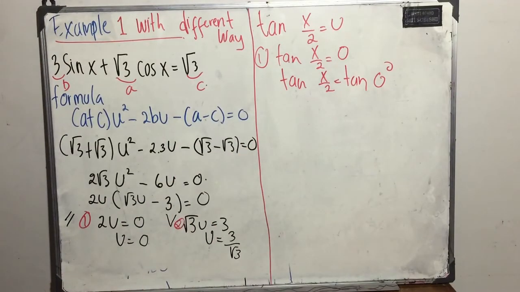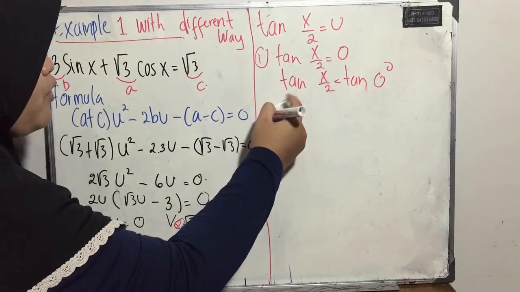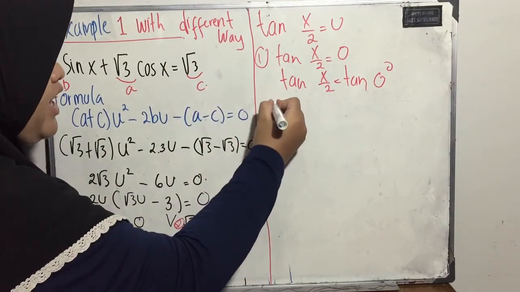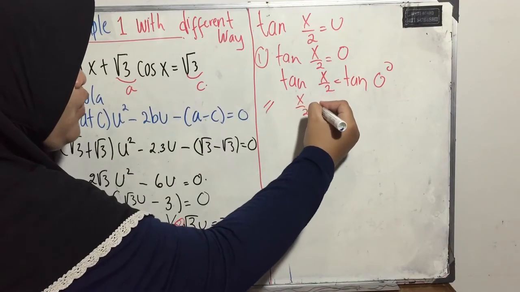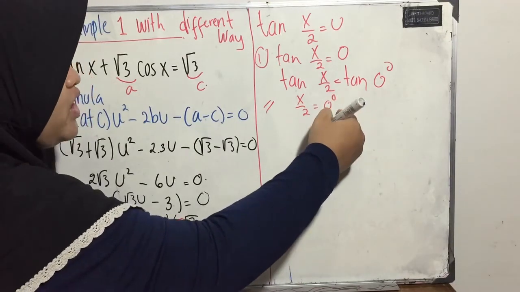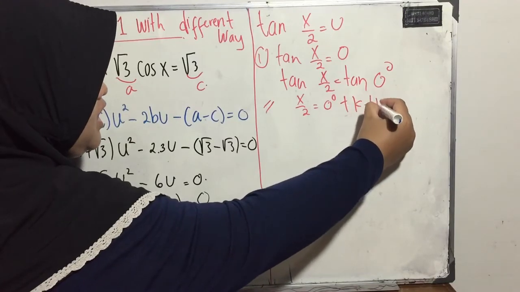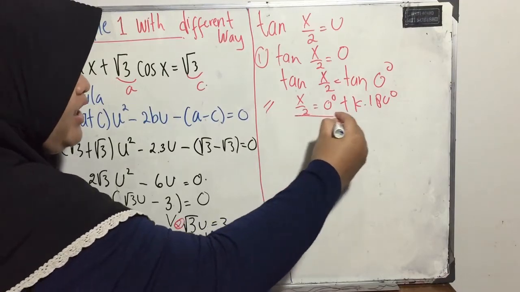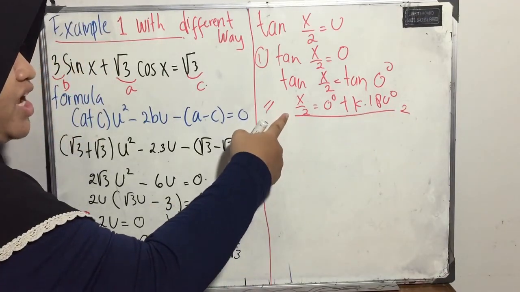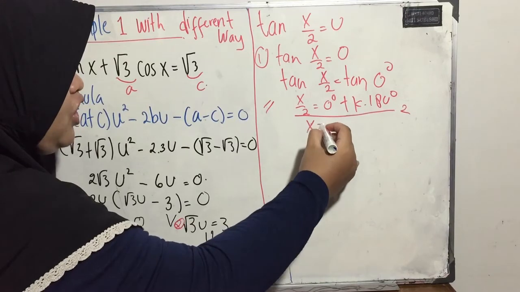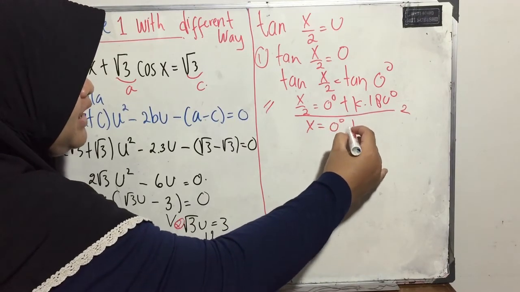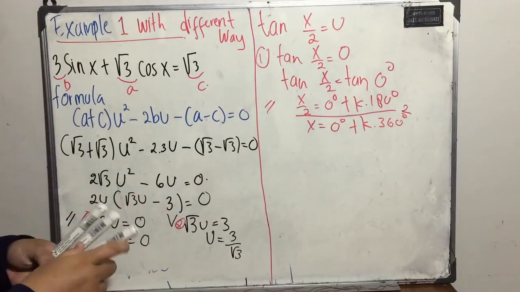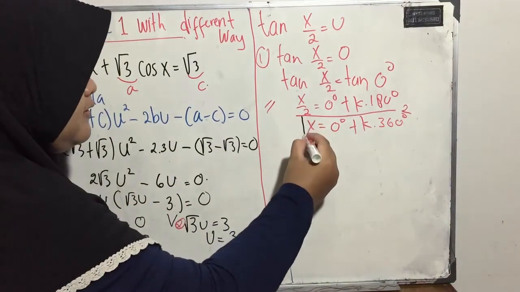Since tangent has just one formula, we can rewrite x over 2 equals 0 degrees plus k 180 degrees. From here we multiply each side by 2, everyone, because we don't want the fraction. So x equals 0 plus k 360 degrees. So that is the formula for the first.